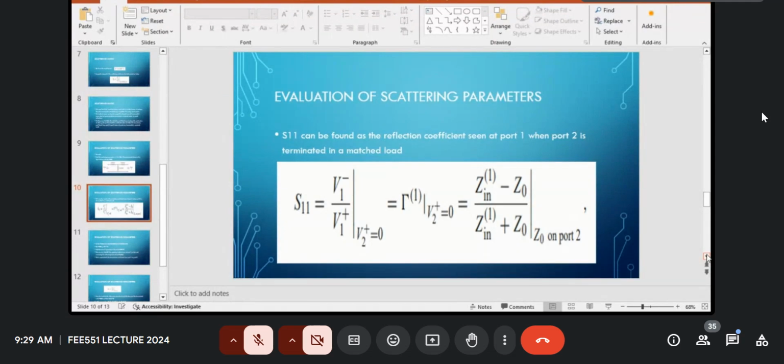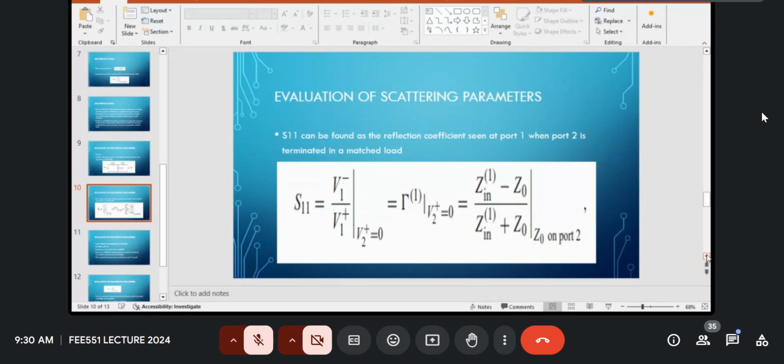So S11 can be found as the reflection coefficient as seen in port 1 when port 2 is terminated in a matched load. So it's the normalized voltage wave at port 1 over the normalized incident wave at port 1 when the incident wave at port 2 is 0.